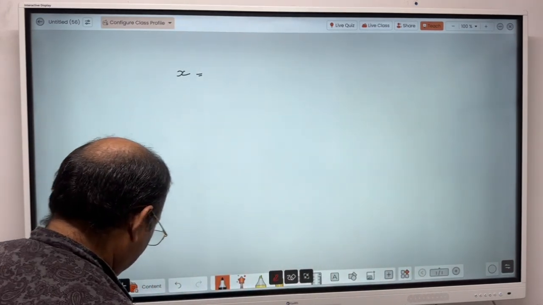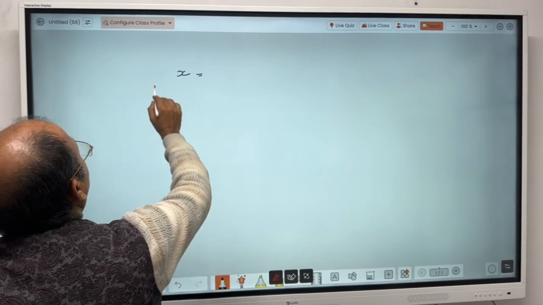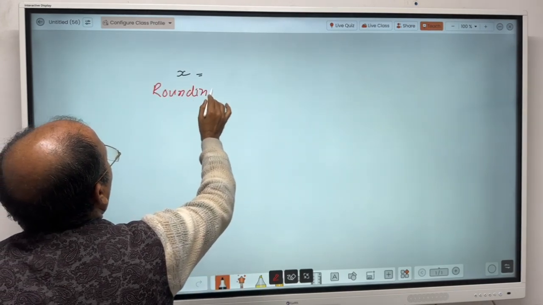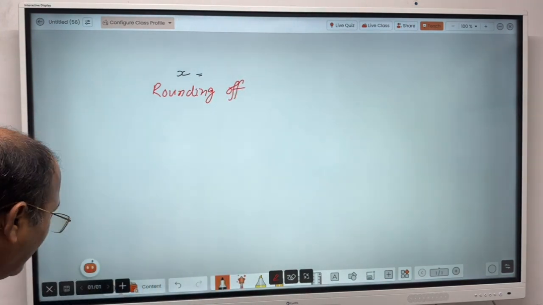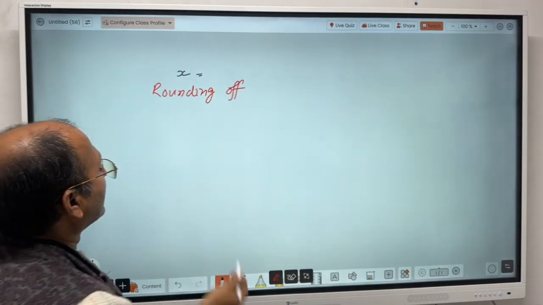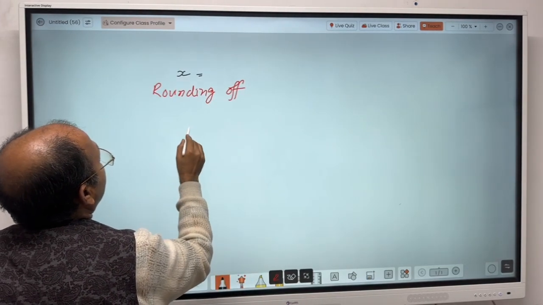Now another concept is rounding off. You know this concept very well, that if we want to remove some digits after decimal, then certain increment can be made or not. That depends.